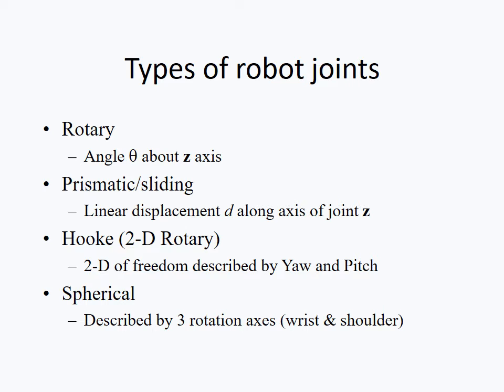Prismatic joints move in a linear manner, so we need to define d along the z axis. It is a displacement. Next, 2D freedom is described by the yaw and pitch positions. Spherical joints are described by three rotations: the wrist and shoulder method. These are the different robotic joints.